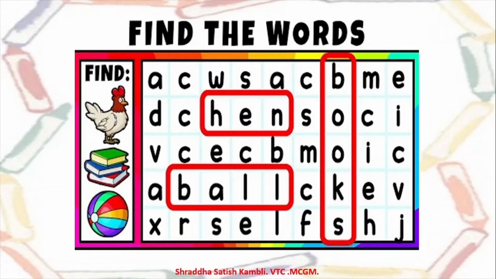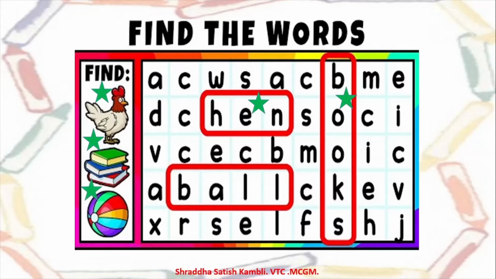So see, where is hen written here? Hen, you have to search for hen now. I've already searched it for you. So here is hen. Okay. Then you have books. Here you have the word books written vertically from top to down. B-O-O-K-S, books. And then you have the picture of a ball.